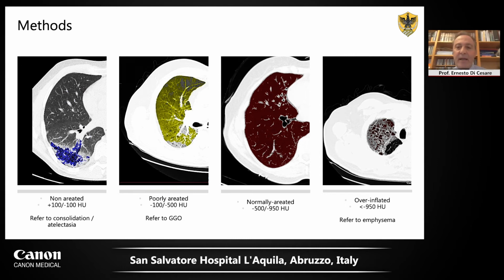Poorly aerated areas, between minus 100 and minus 500 Hounsfield units, were referred to as ground glass opacities, and normally aerated areas between minus 500 and minus 950 Hounsfield units. Finally, overinflated areas, referred to as emphysema, were below minus 950 Hounsfield units.